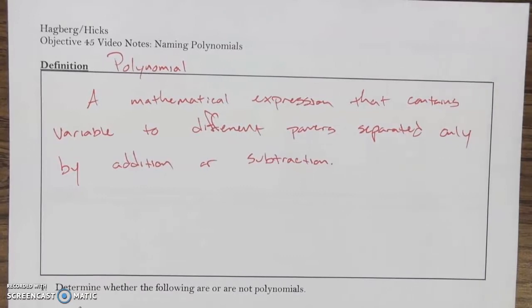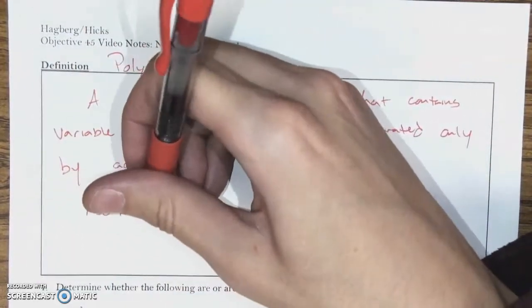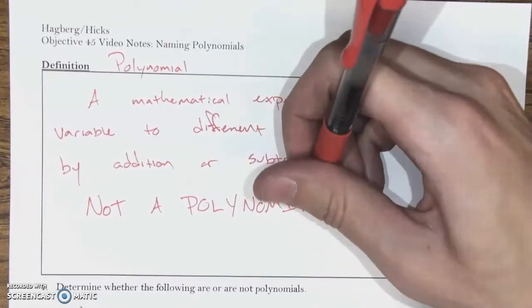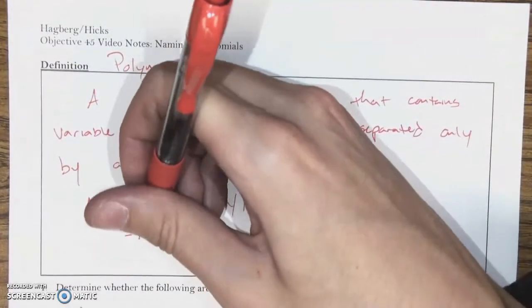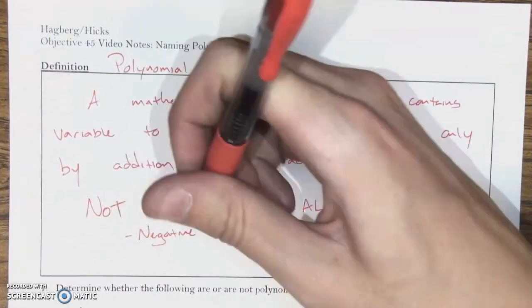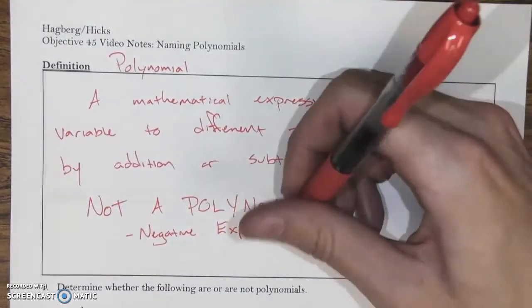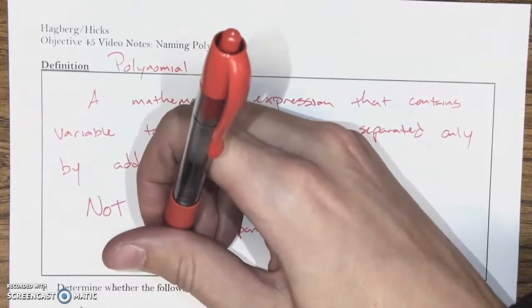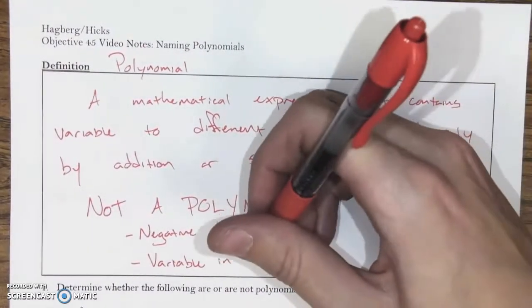So to give us an understanding of what a polynomial is, let's give a few examples of what is not a polynomial. A few examples of what's not a polynomial: negative exponents. So those powers must be positive. Variables in the denominator. That's another way of thinking about negative exponents.